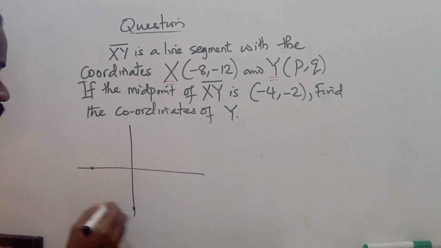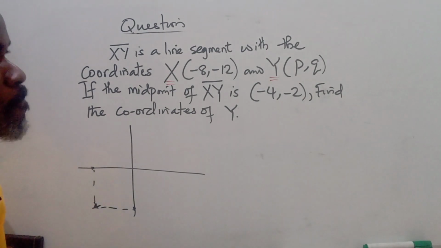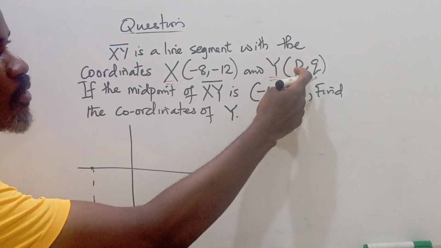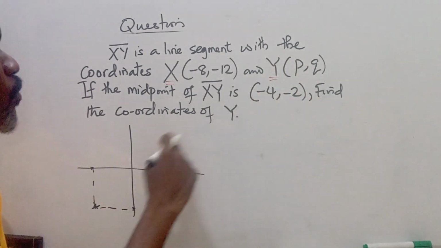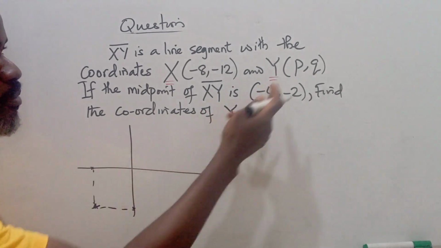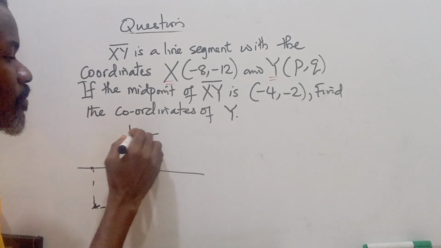So we have something like this. Then we have the Y coordinate as (P, Q). Let's say the Y coordinate is somewhere around here, but we have positive P, positive Q, so it should be somewhere here.